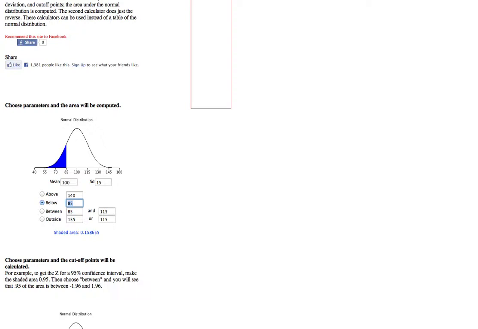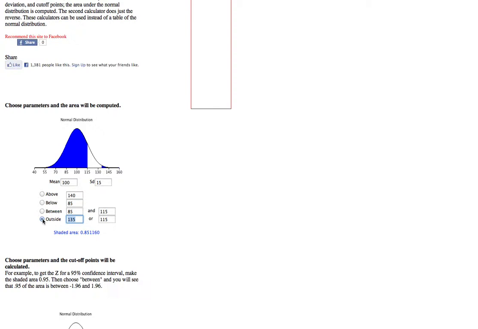And then if I wanted to look at the area between plus or minus 1 standard deviation of the mean, or between 85 and 115, then that is 68.27% of the population. So we should kind of remember that about 68% of the scores in a population are bounded between plus and minus 1 standard deviation.